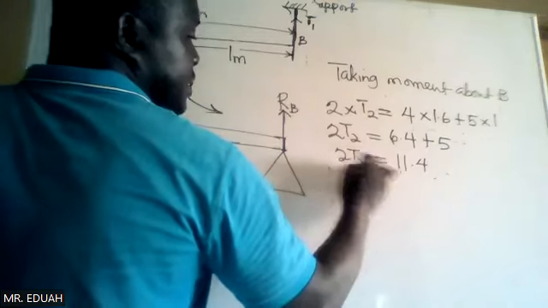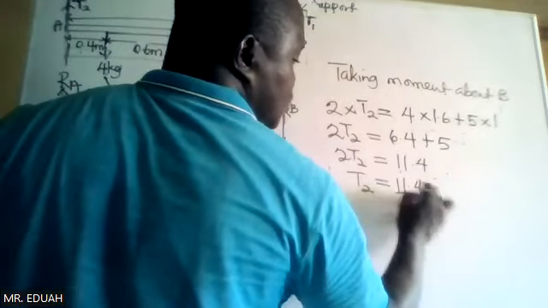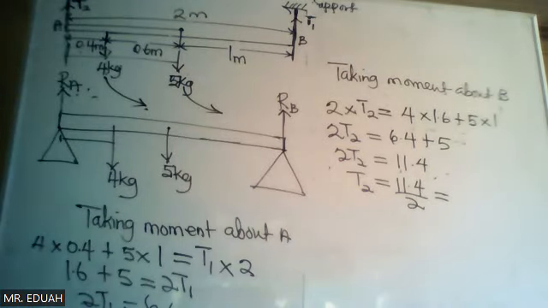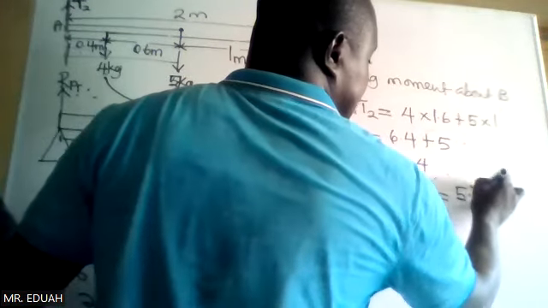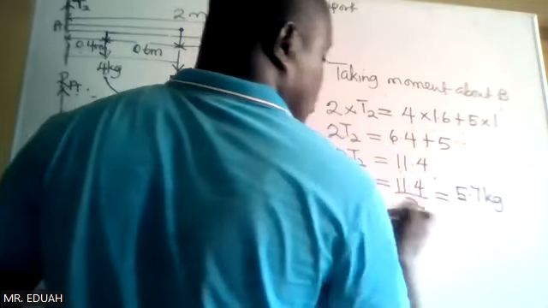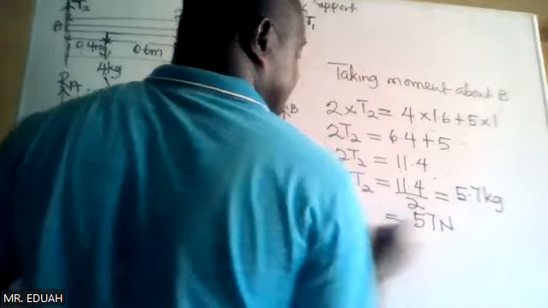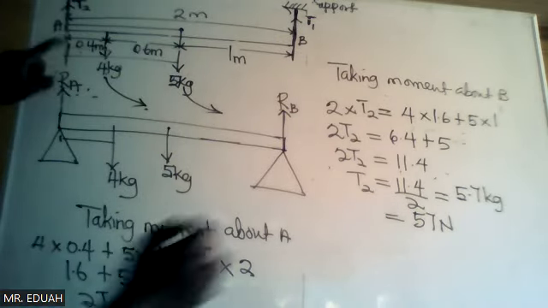Therefore, T2 is equal to 11.4 over 2. And what is 11.4 divided by 2? 5.7. So 5.7 kilogram, which can also be 57 Newton.